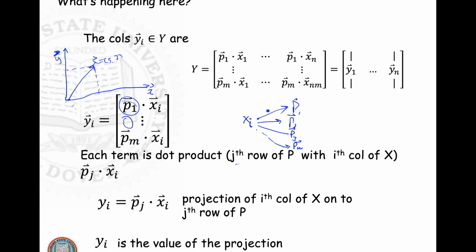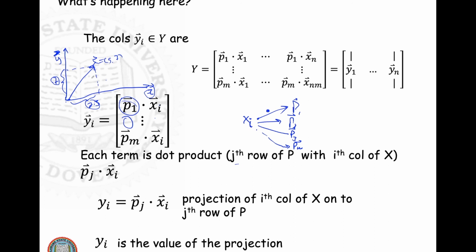Maybe I project it along here and I get a value of, I don't know, 2.3. I'm just making these numbers up. Maybe I project along here, I get a value of 7. So that means 2.3 times this plus 7 times that is the description, if you will, of the new representation.